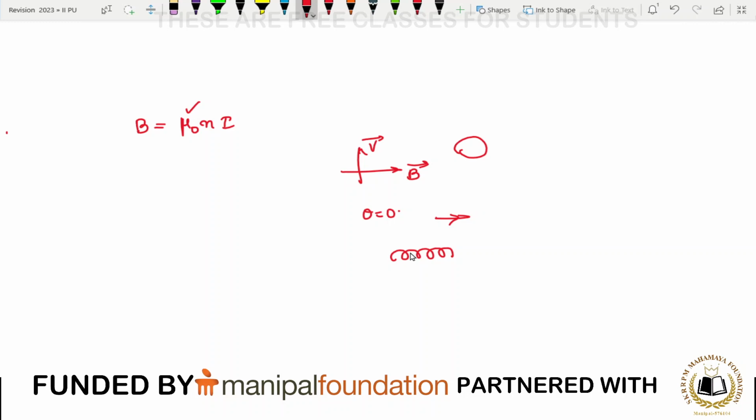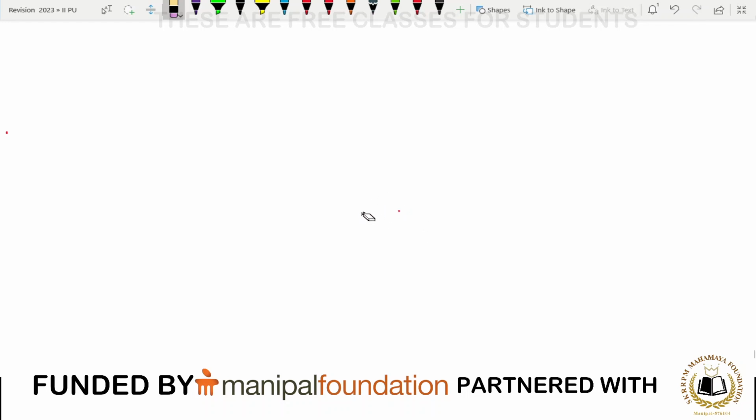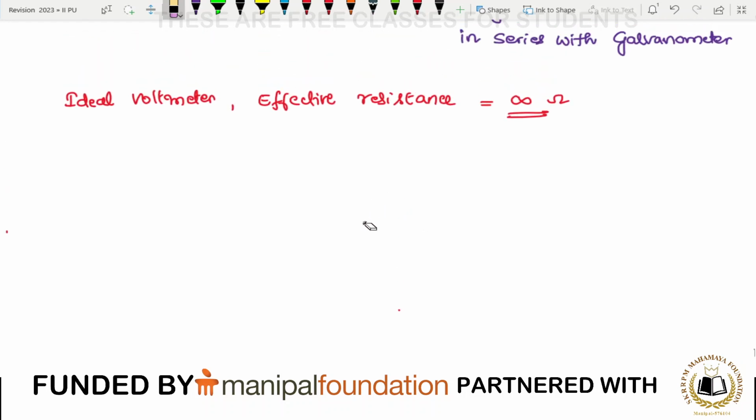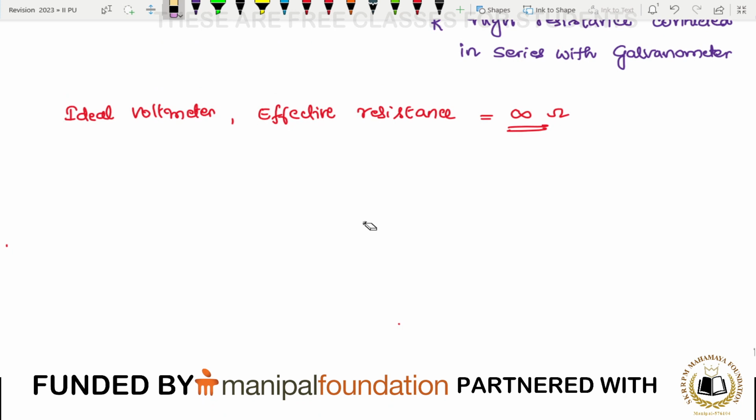So I hope these things are clear. These are the remaining small concepts you can go through if time remains, and in the later classes we are going to discuss those things or you are going to revise them once again. And in the next chapter, magnetism and matter, there are not many derivations.